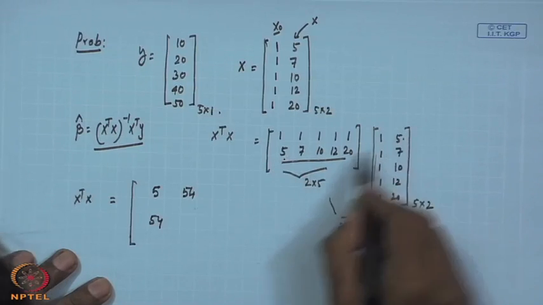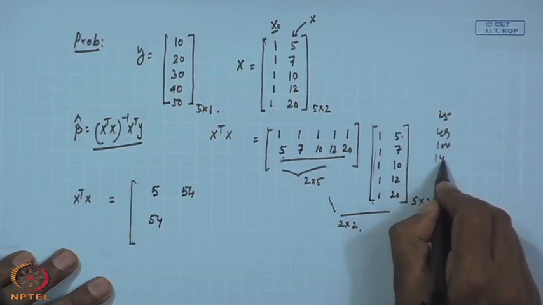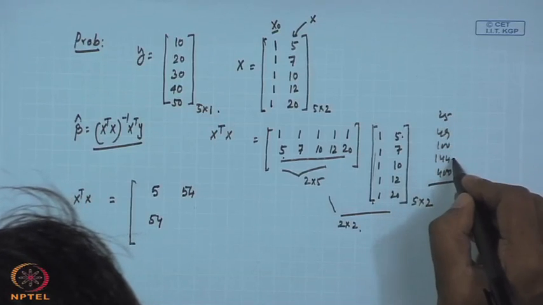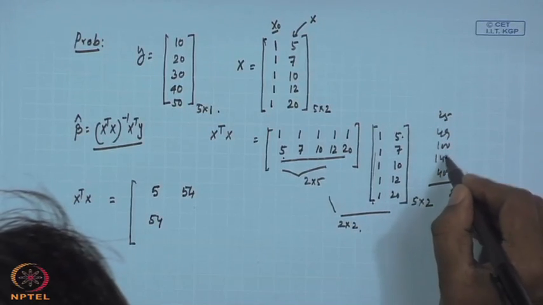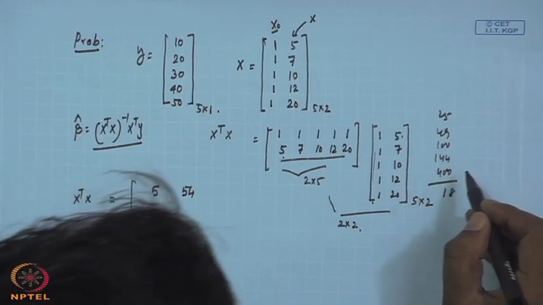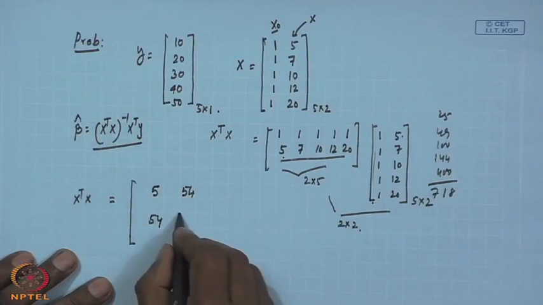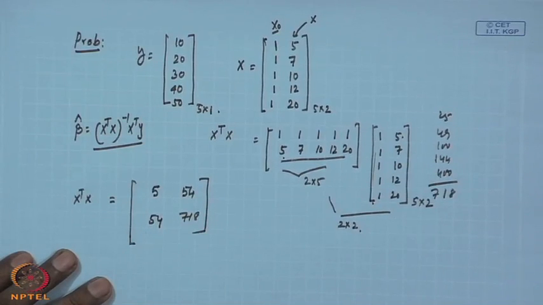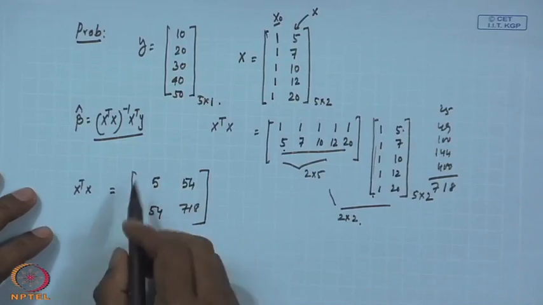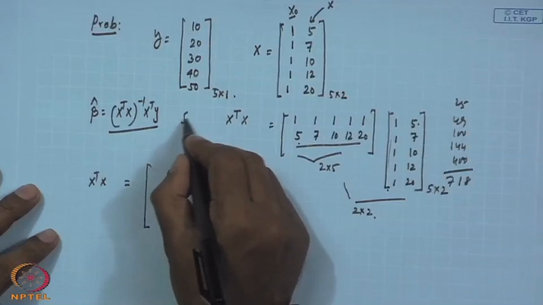Now, 5 into 5, 25 plus 49 plus 100 plus 144 plus 400, which gives 718. Correct. So, second, what you require is to compute the inverse. So, I say this is my step 1.